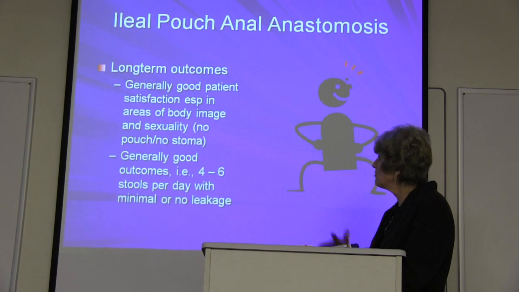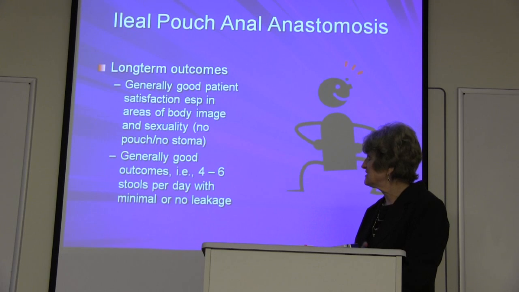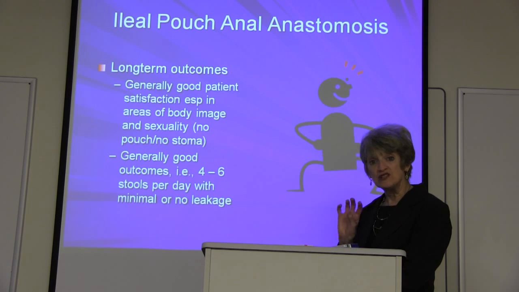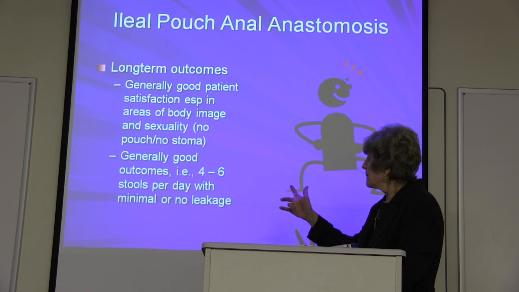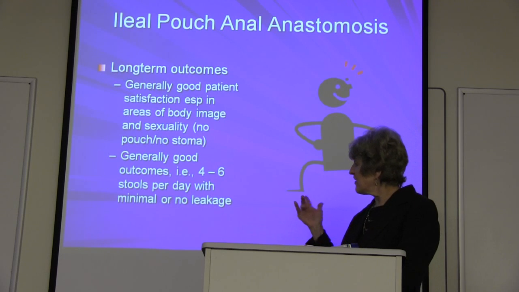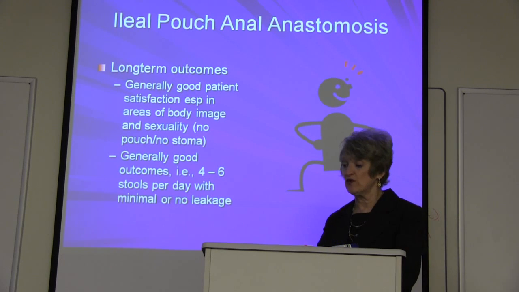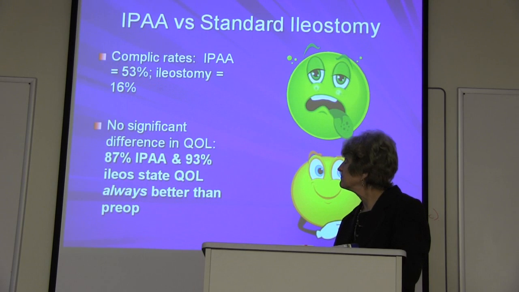But what do we know? Generally good patient satisfaction, particularly high scores in the areas of body image and sexuality because there's nothing visible. Generally good outcomes functionally, 4 to 6 stools a day with minimal or no leakage.